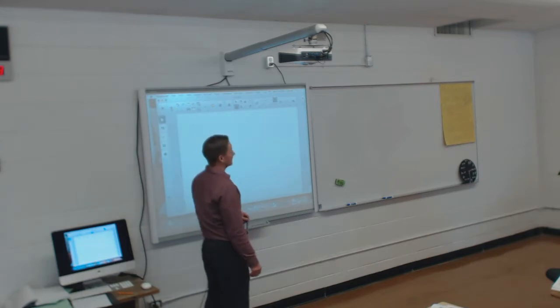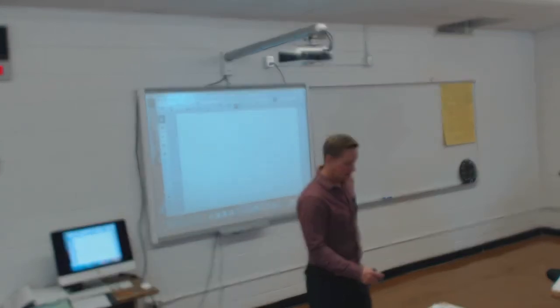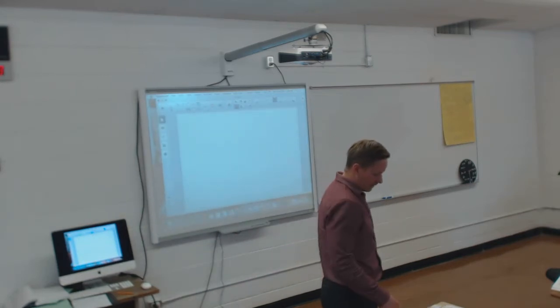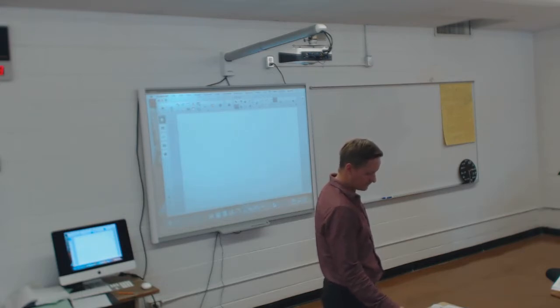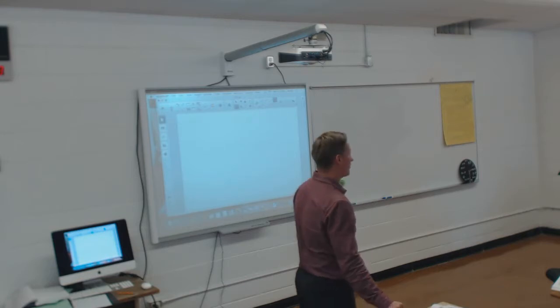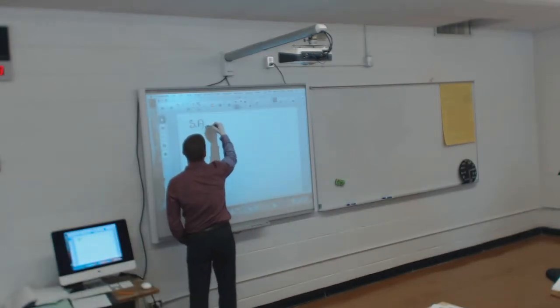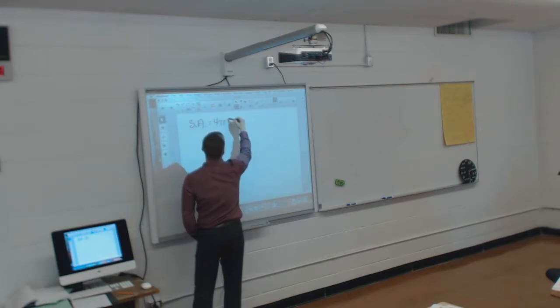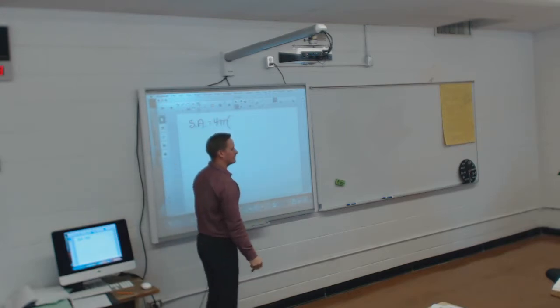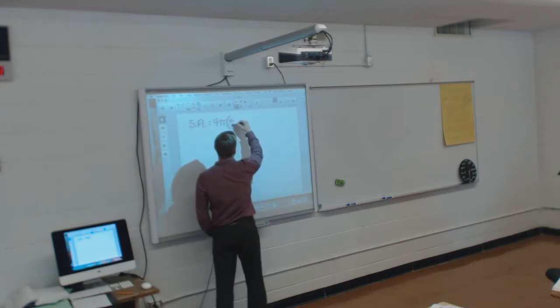Okay, so I'm just showing you this just for the heck of it. All right, now I have a sphere. On your sheet, what is the surface area of a sphere? 4 pi r squared. What's the radius of this sphere? 4.5.